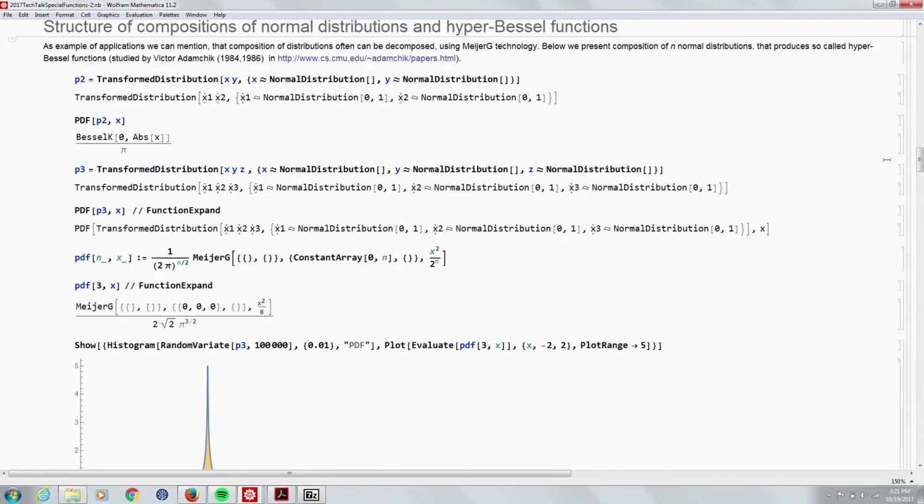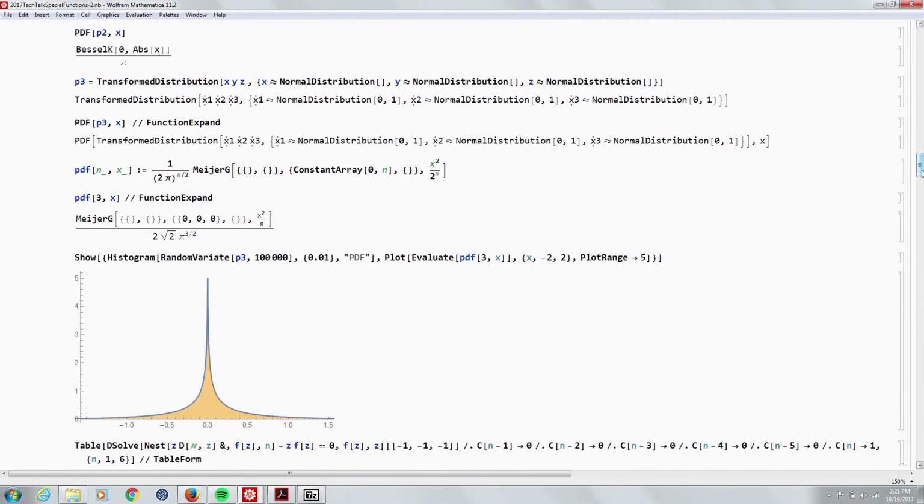The exponential function, in my Meijer G language, corresponds to one gamma function. If we take a composition of these, we produce a product of these gamma functions. This product you can see inside the definition of the Meijer function.